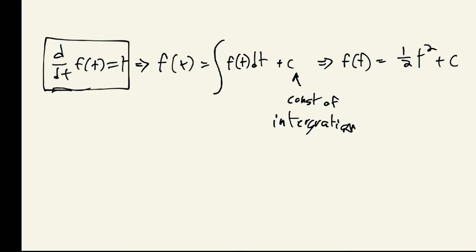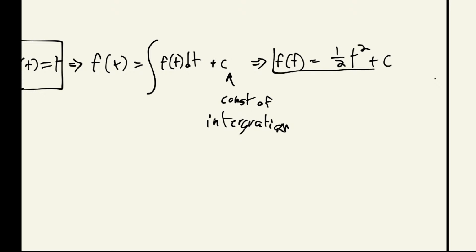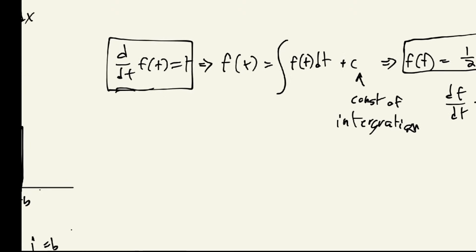And so we just think, well, what original function satisfies this? Well, f of t could be 1 over 2 t squared plus some constant, because just by the power rule, we take the 2 down, and so the derivative of f with respect to time equals just straight up t. And then the c becomes a 0, so it's plus 0, and so that's our original function. So there you go, that's one example of integration.